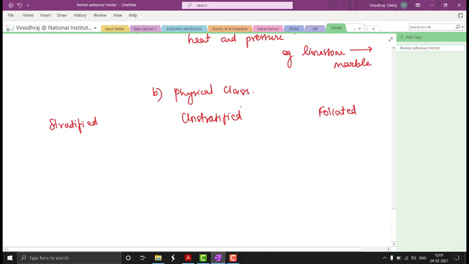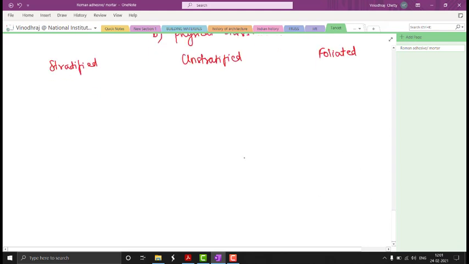So stratified has layered structure planes. So stratified stones are basically in layers. Okay. So they can be distinguished as separate layers. So there will be many layers that are formed in the stones. So you can pick out each and distinguish each layer. Okay. So they are basically planes of layers.